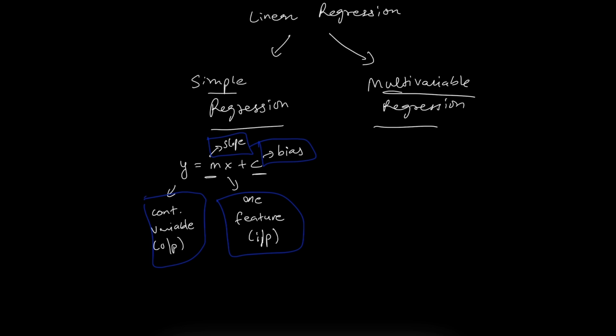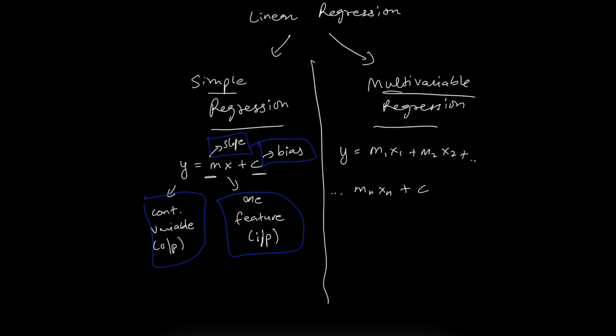Now, for multivariable regression, we are assuming multiple variables in the function. So we have y equals m1x1 plus m2x2 plus, basically goes up to, mnxn plus c.